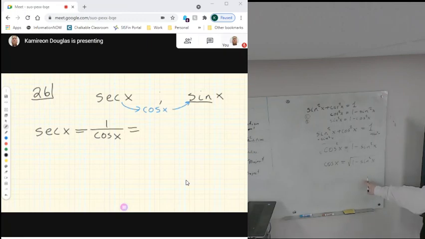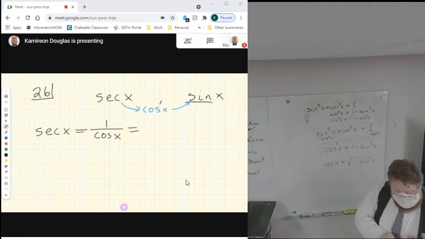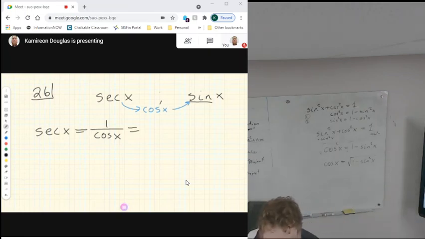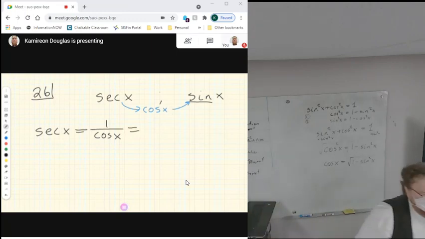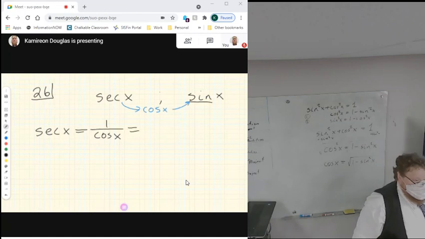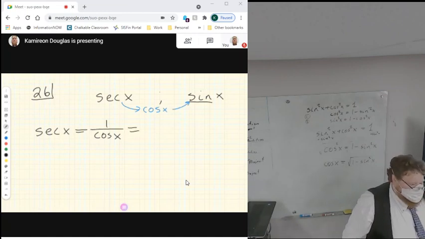It's confusing. So what I'm doing is, I cannot use the formula given on the page. The formula on the page is sine squared plus cosine squared equals 1. That's all on the cheat sheet, right? That does not help me in this problem because the problem doesn't have either one of those things. It has secant. So what I do is, I convert secant into cosine using a reciprocal.